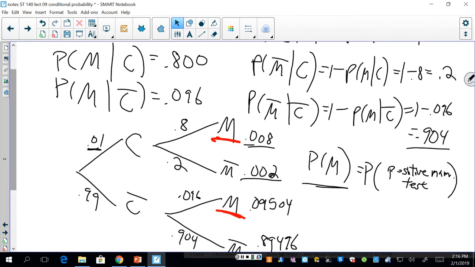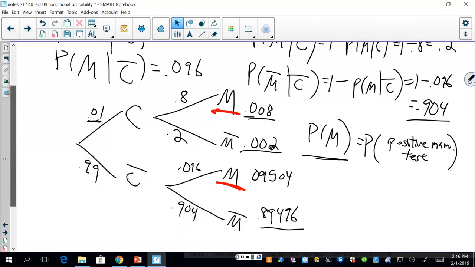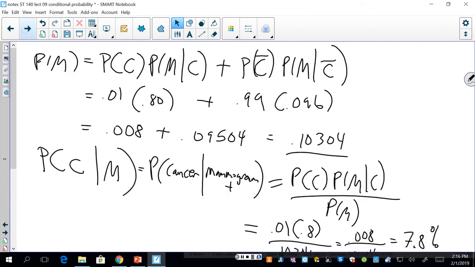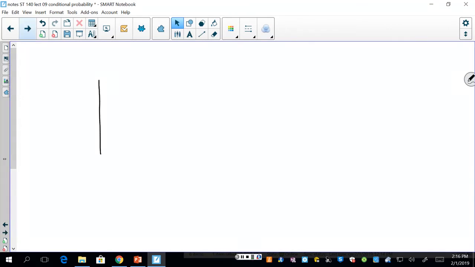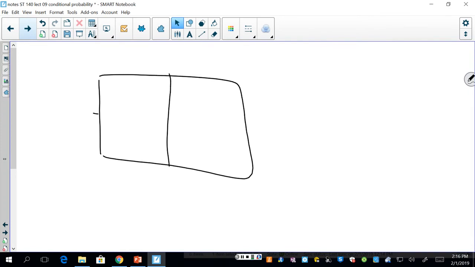This is one last thing that's in this. Sometimes they come from a table of counts, right? So let's say we had a random sample of 10,000 women, and we had two categories: the ones with cancer and the ones without cancer.